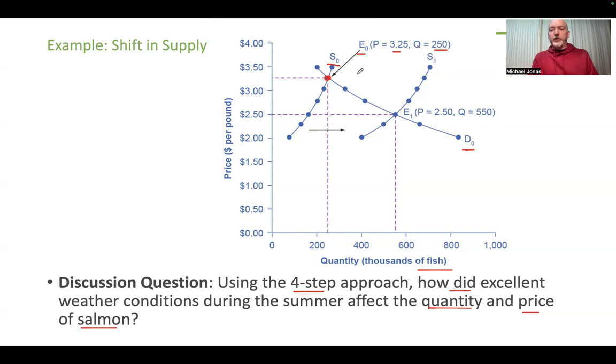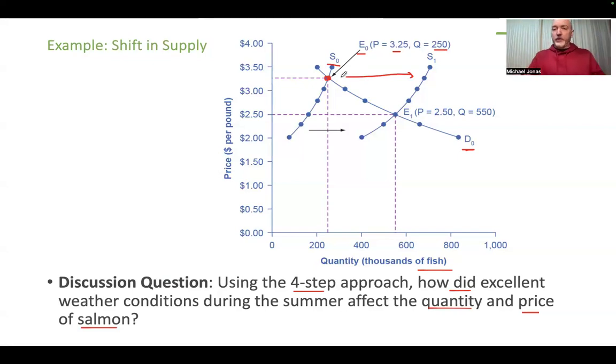That should shift our supply curve. Which direction? It's going to increase capability of production, increase quantity supplied at every price. We could also think about it as the cost of catching each fish is going to be lower because there's more of them, so it'll take less time. Either way you phrase it, we should see that supply curve shifting off to the right.